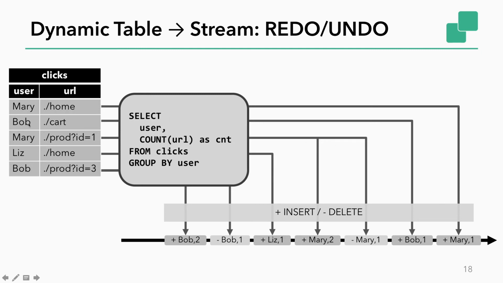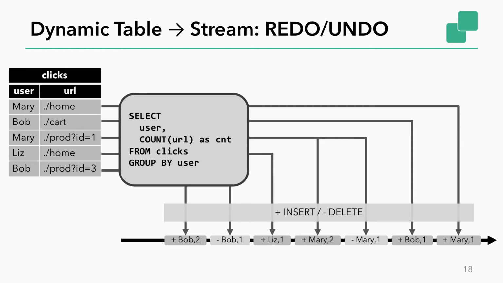Then we get a new row, which is Bob. We again say plus, here for insert. We insert another record with Bob 1. And when we get the third record, which is again for Mary, this basically triggers the emission of 2 rows to the output stream. The first record will be minus Mary 1, which basically says, please remove this. This is no longer valid.